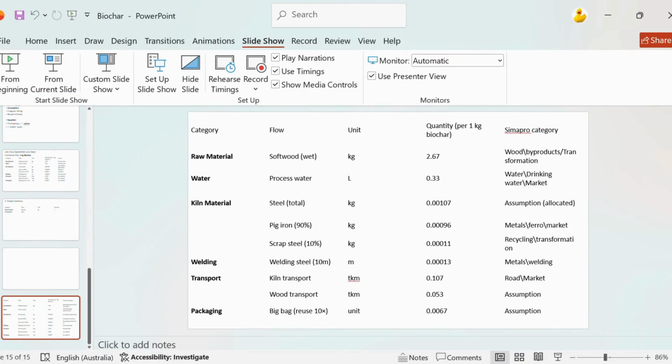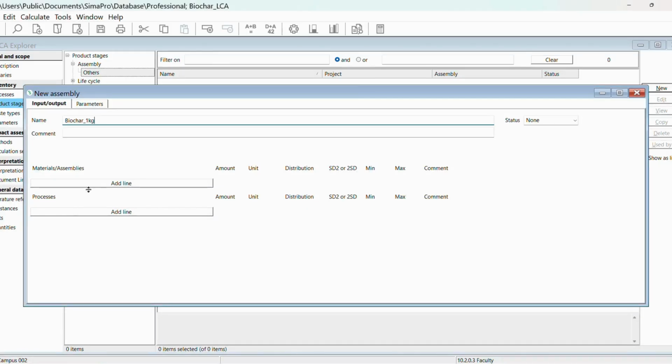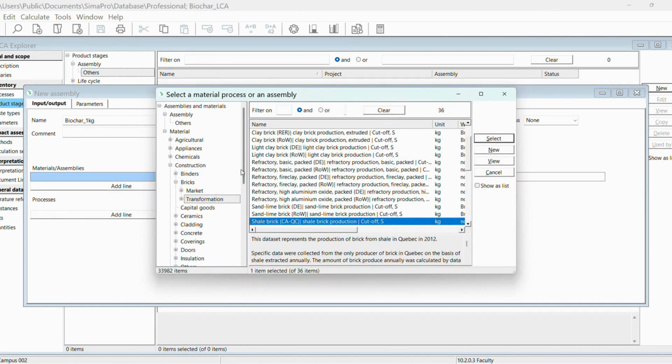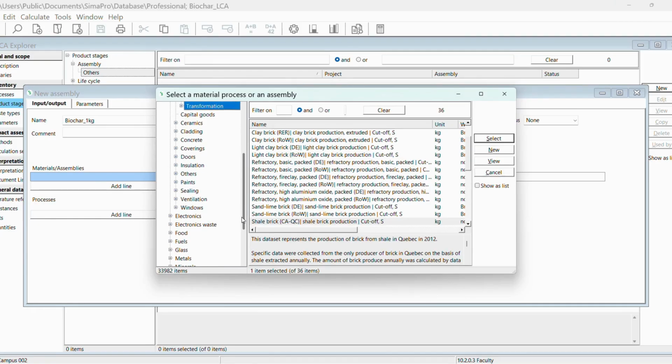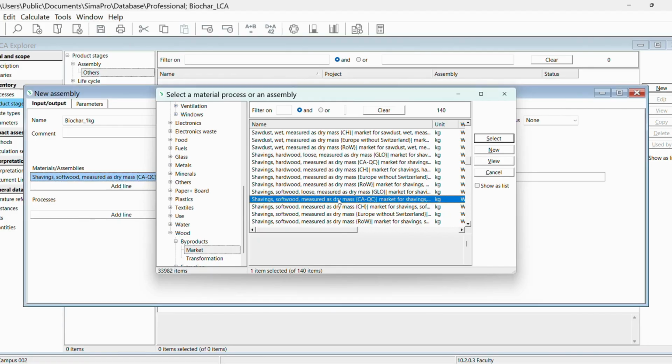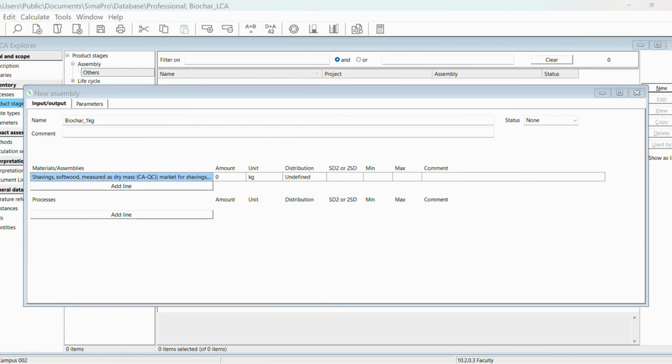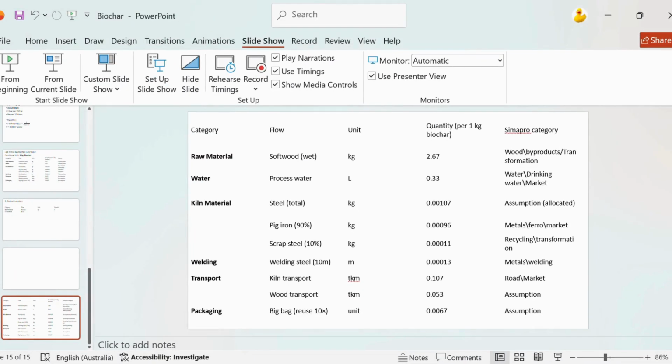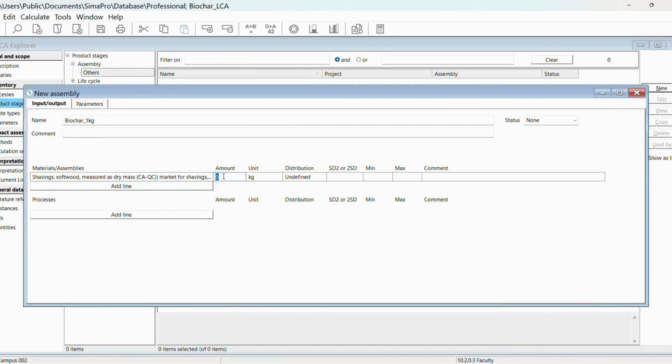So let's first update softwood. Material, wood, where is wood? It's 2.67 kg, 2.67 kg.